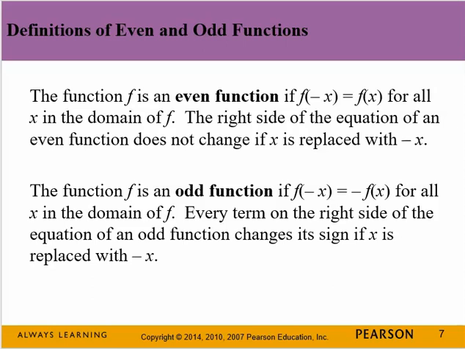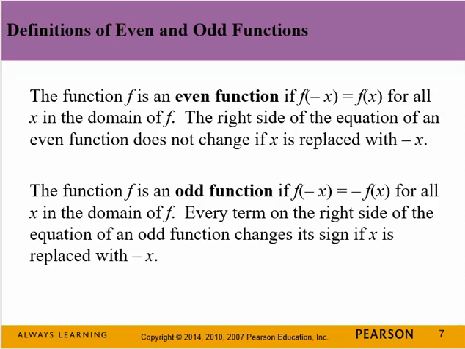The function f is an even function if f of negative x equals f of x, for all x in the domain of f. The right side of the equation of an even function does not change if x is replaced by the x of the opposite sign.